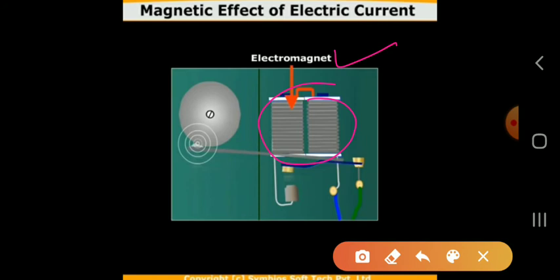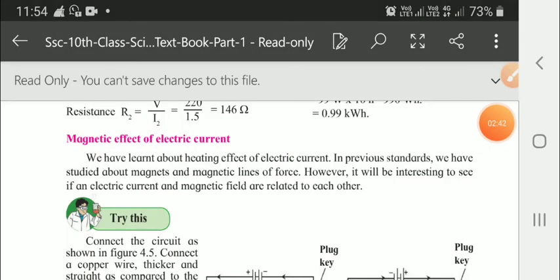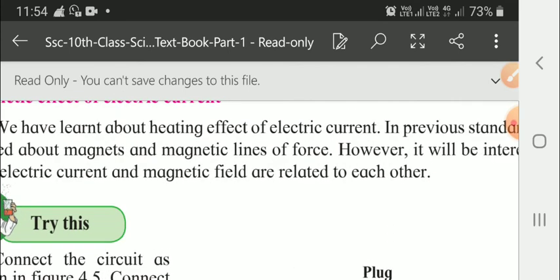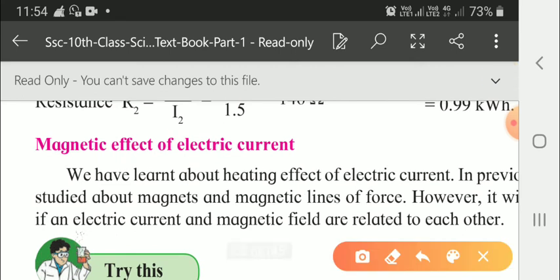So now children, we will start with our explanation part. We are starting with magnetic effect of electric current today, because the remaining part I already discussed in the first lecture.